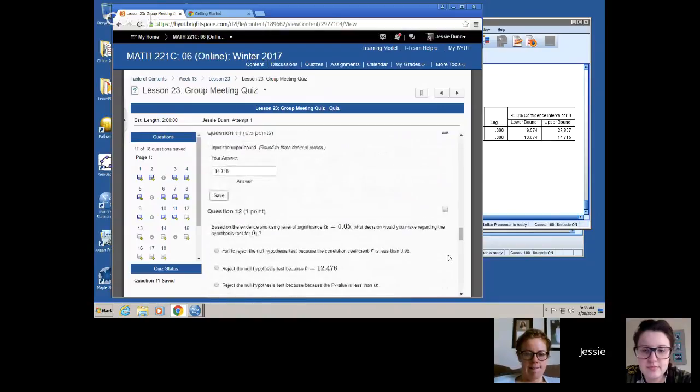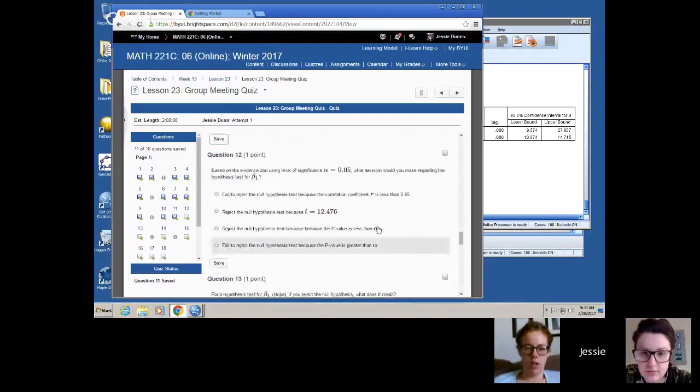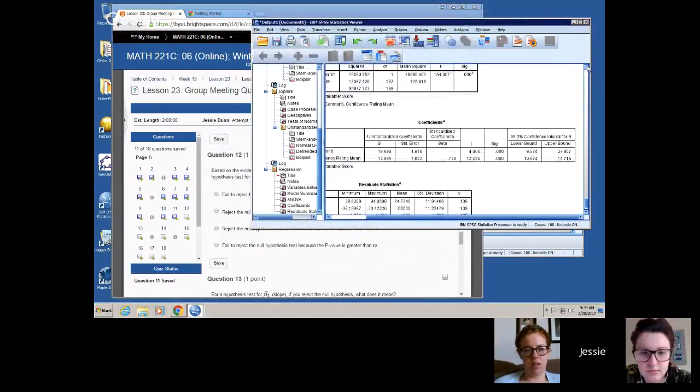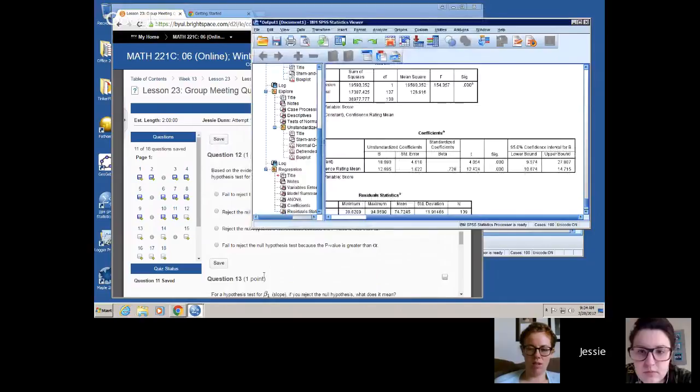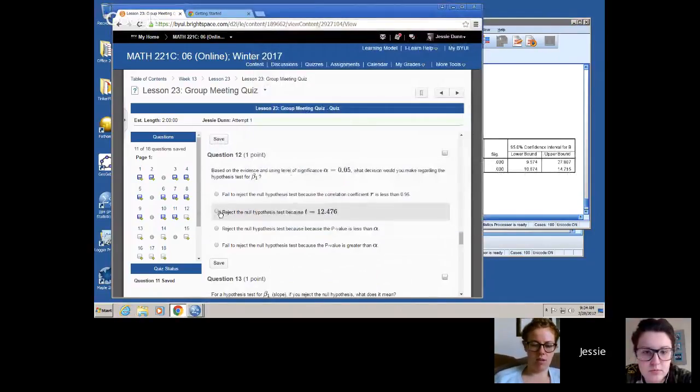Based on the next evidence, one is, go ahead. We reject because the p-value is less than alpha. Yes. So we reject the null because the p-value is less than alpha. So it's the third one, right?